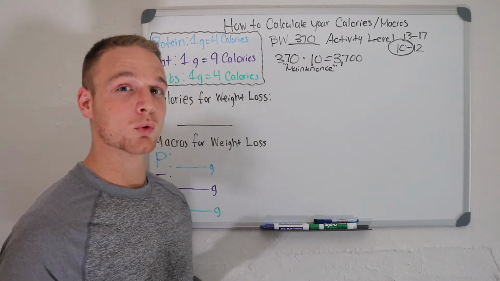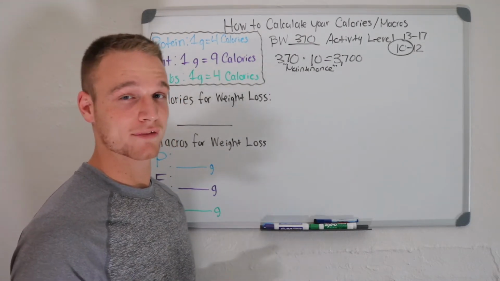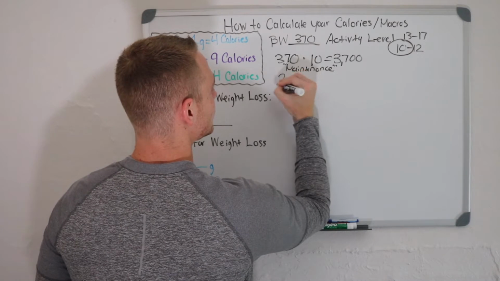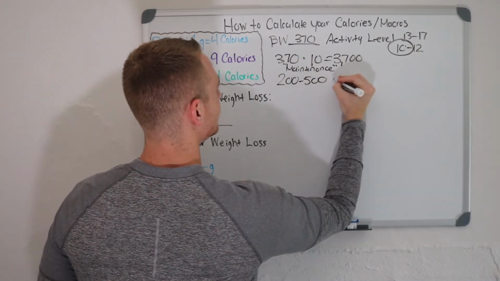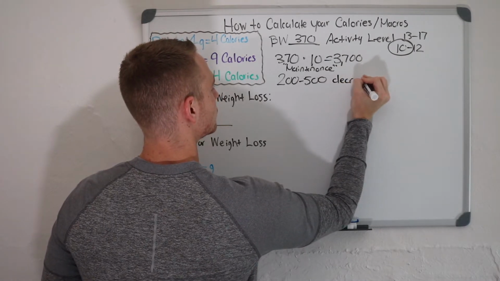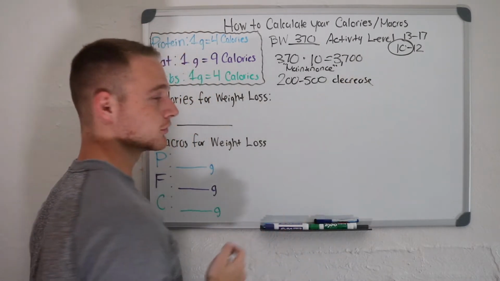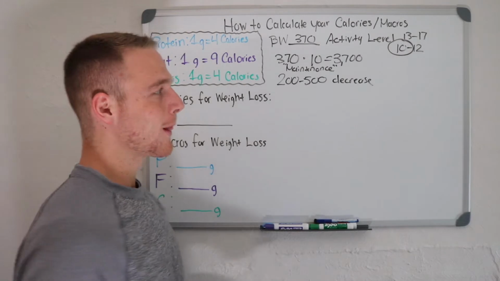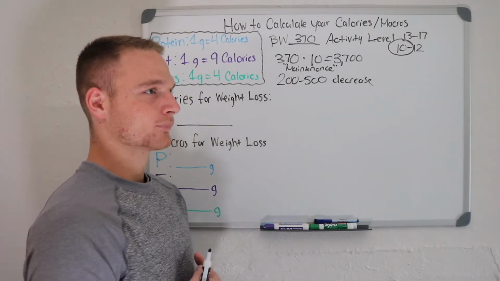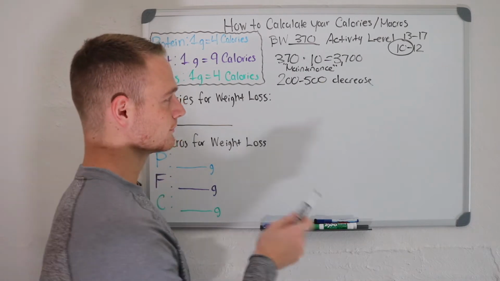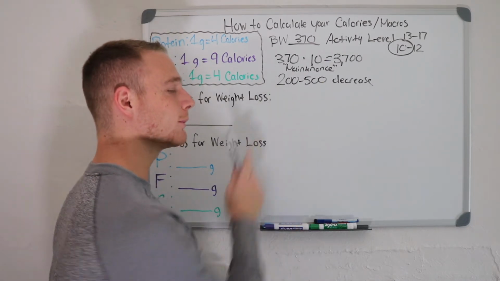From there, you want to decrease that to create a caloric deficit. You can do a 200 to 500 calorie decrease. So which one should I do? A lot of people automatically go to 500. That's okay, but you might want to consider 200.